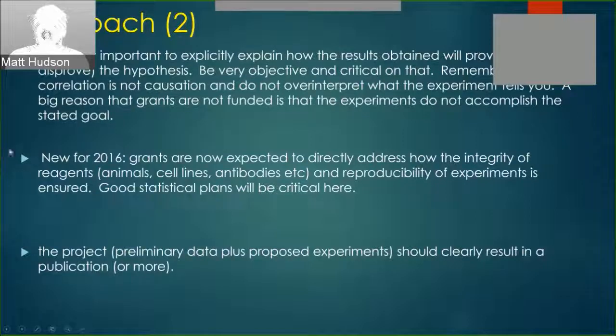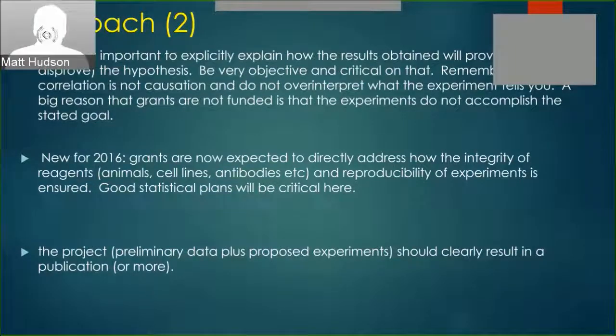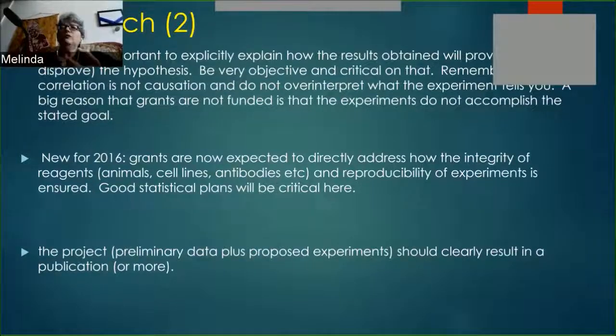Now, another thing you're going to have to keep in mind, that was new and added in 2016, you also have to explicitly address how the integrity of the reagents, the animals, cell lines, the antibodies, and also experimental reproducibility is ensured. So this is for social science research, blinding, really, really good and rigorous statistical plans.